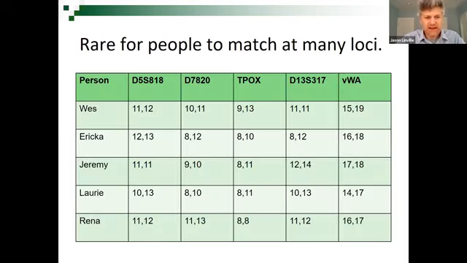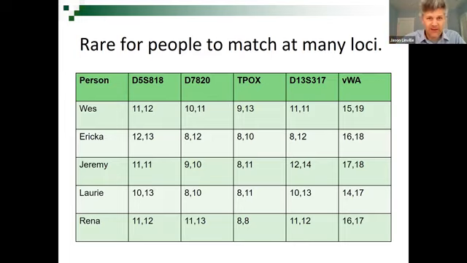So we can see that even though Wes and Rena match at one locus at D5, if we just look at 4 or 5 or 3, okay, as I mentioned in class, we're going to find that it's possible that 2 people could match at 5, but it's extremely rare. In other words, to put it in the terms of this lecture, the frequency of the genotype is much less, okay?